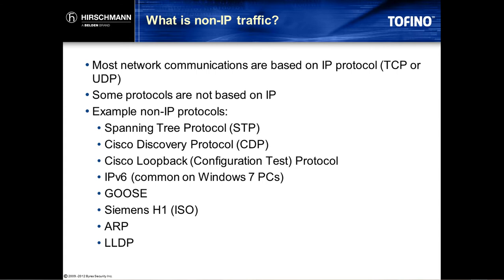So if you are using, for example, Cisco switches or routers in your plant, you're probably going to see some of these non-IP protocols, such as Spanning Tree Protocol, Cisco Discovery Protocol, or Loopback Protocol. If you use Windows 7 or Windows Server 2008 PCs anywhere in your plant, you're going to probably see IP version 6. And then there's many other protocols that might show up depending on the equipment that's in your plant network.